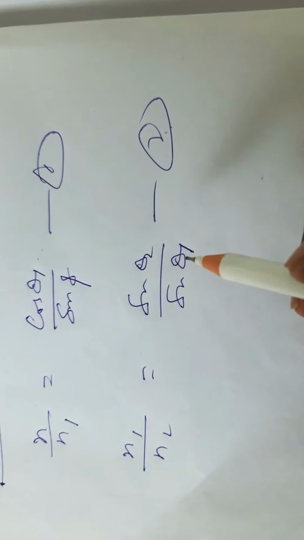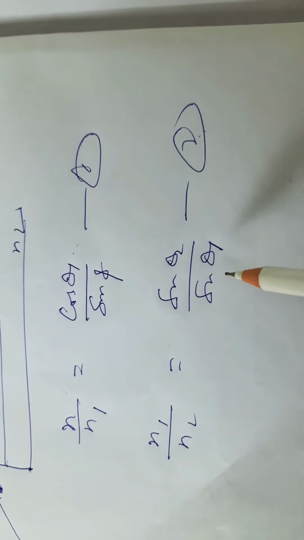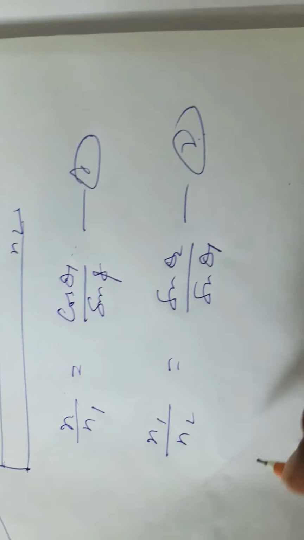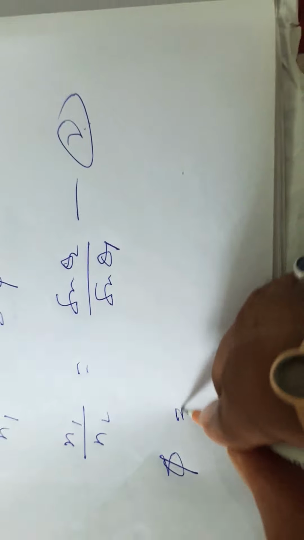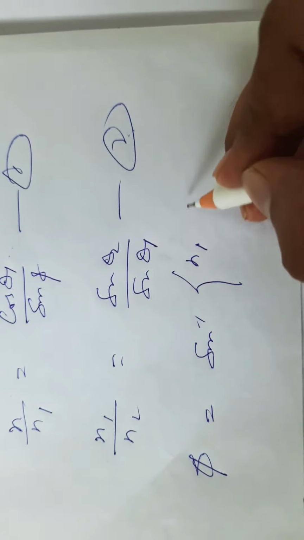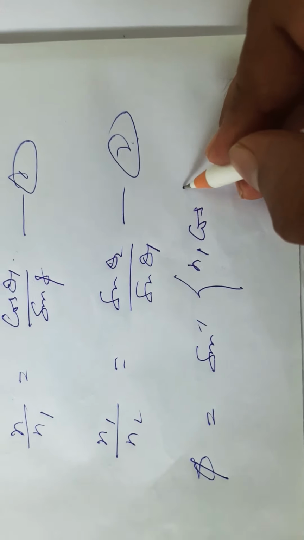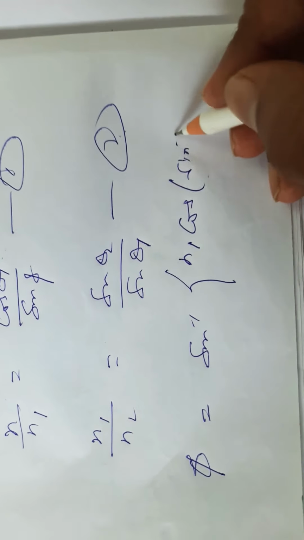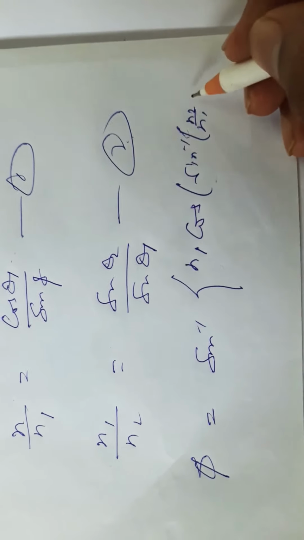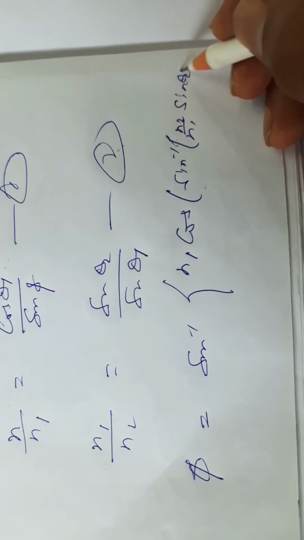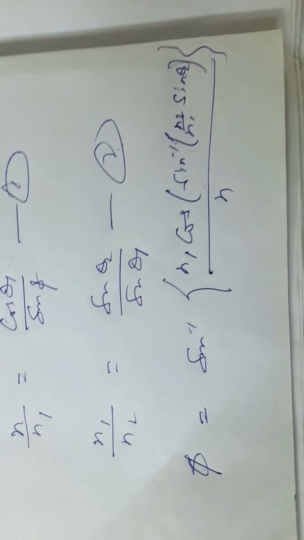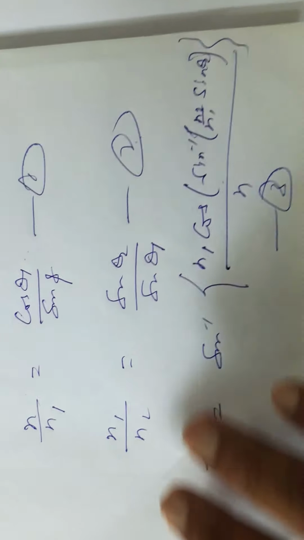If we substitute the value of theta 1 from this equation into this, we'll get phi equal to sine inverse of n1 cos, in brackets, sine inverse of n2 by n1 sine theta 2, close the bracket, whole bracket by n. So this is your equation number 3.